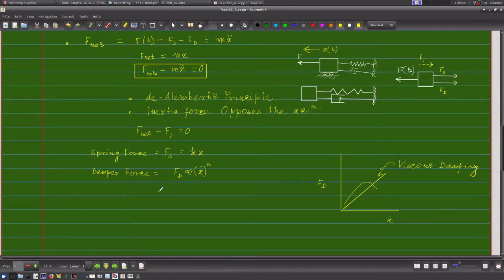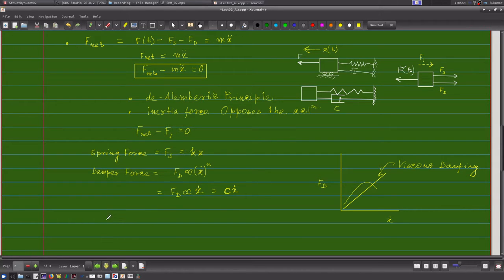In that case my damping force Fd will be proportional to velocity to the power 1, and therefore we write it as some constant times velocity. This constant C is called the damping coefficient. Usually we write the value of this coefficient C near the damper.